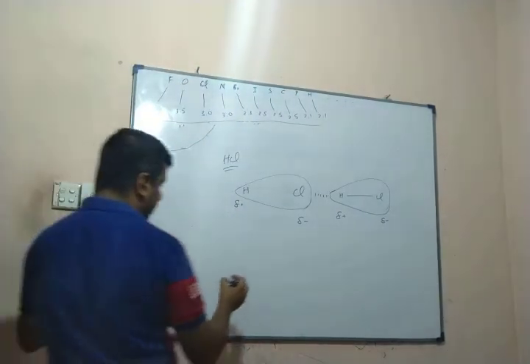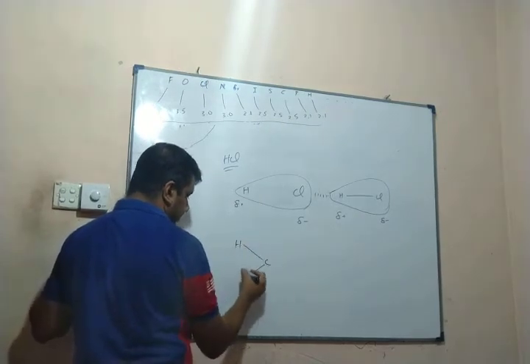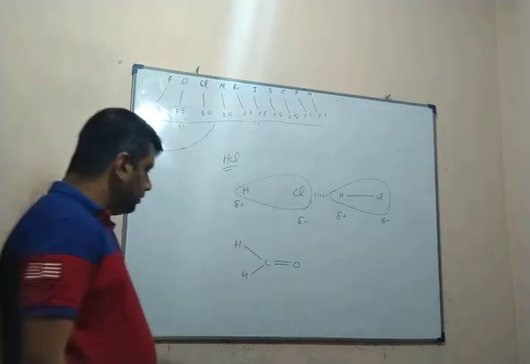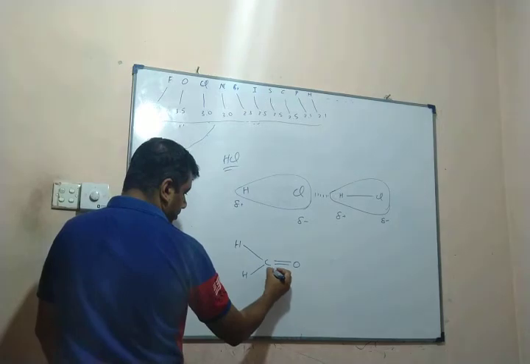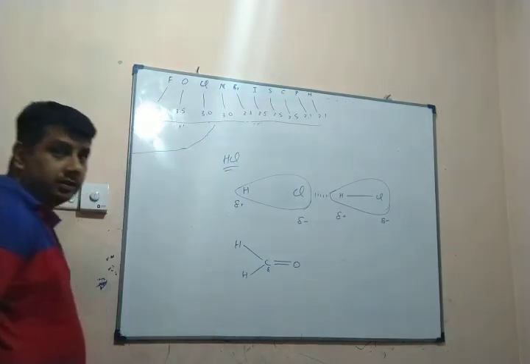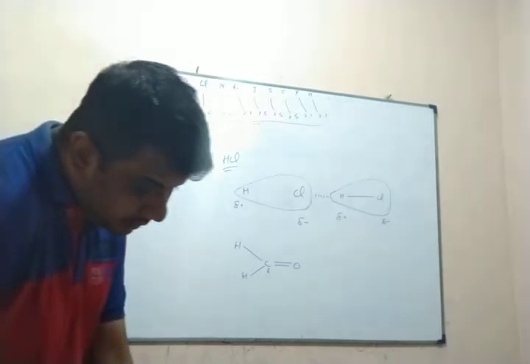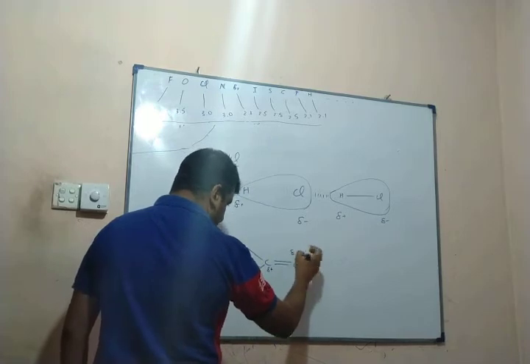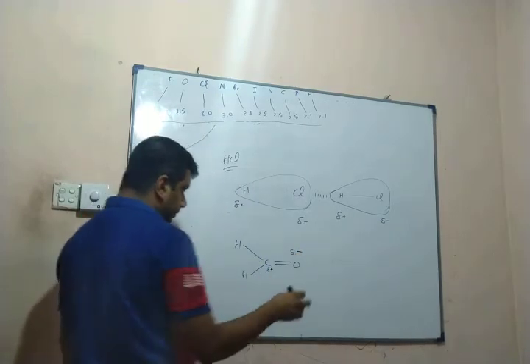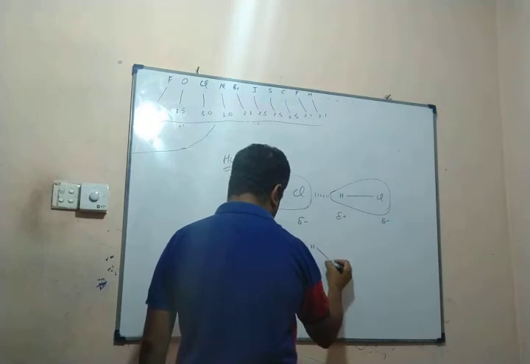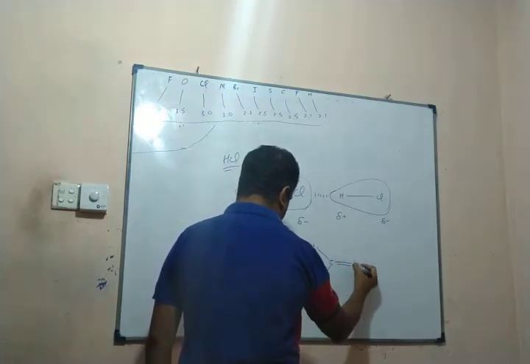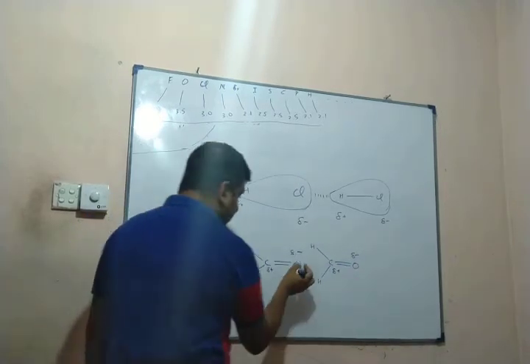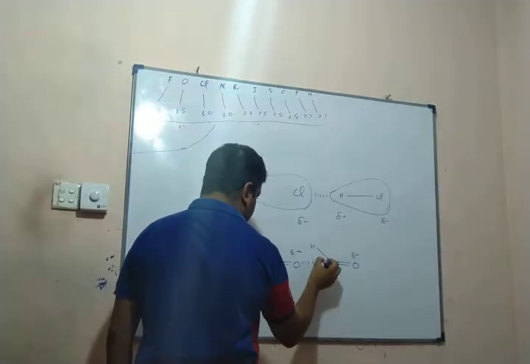And see, this one has delta plus on H and delta minus on oxygen. When delta minus and delta plus come close together, what will happen?